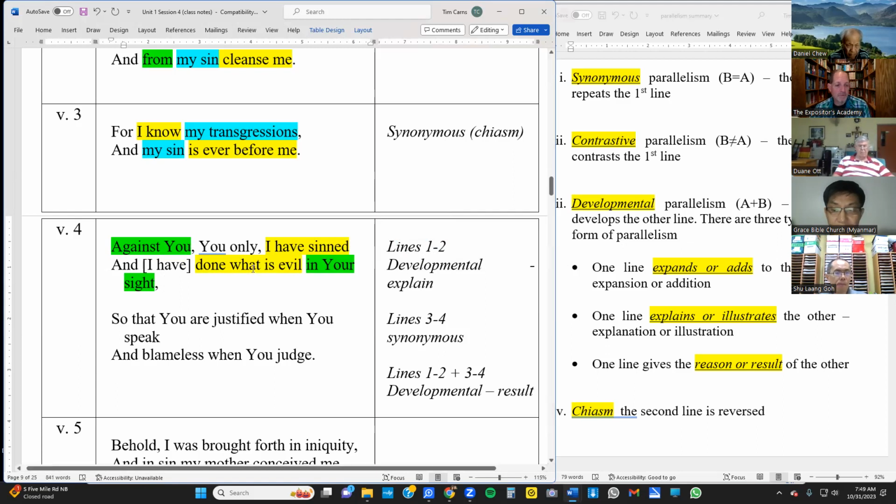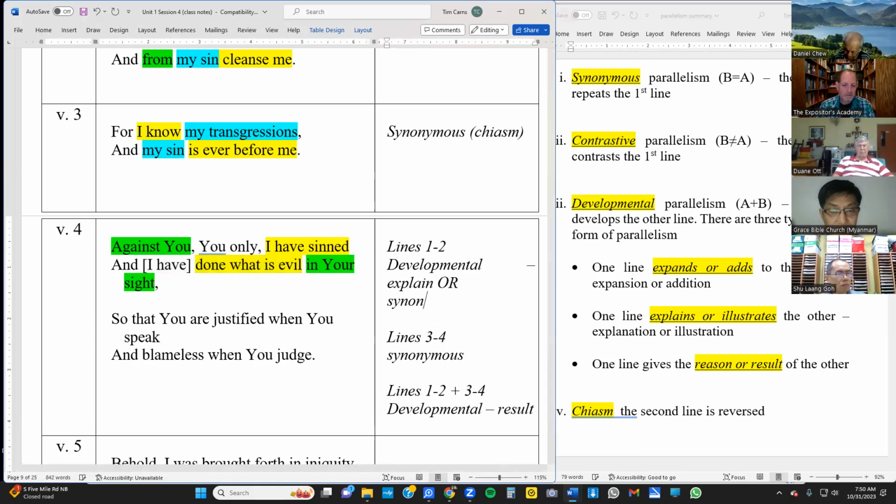And notice, by the way, if it is synonymous, we again have a chiasm. I have sinned, and then he reverses that and he starts the next line with that idea. I have done what is evil.